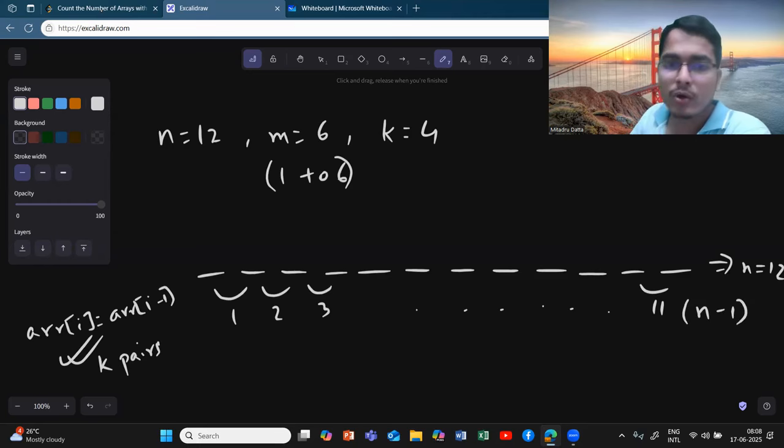Okay, out of these 11 pairs, can you say how many of them should have this criteria, the adjacent elements same?